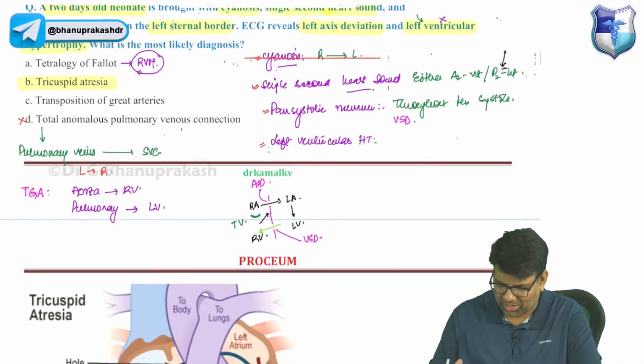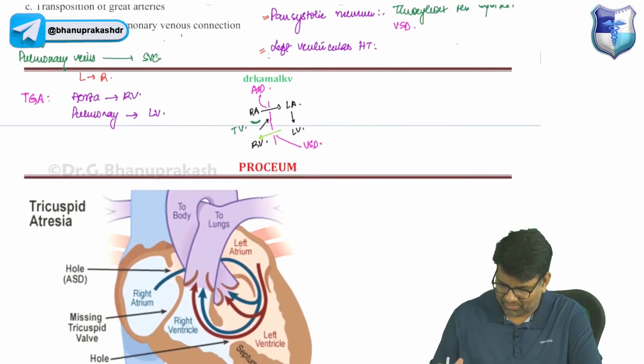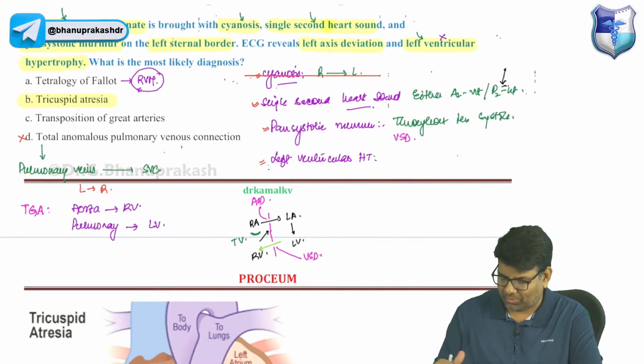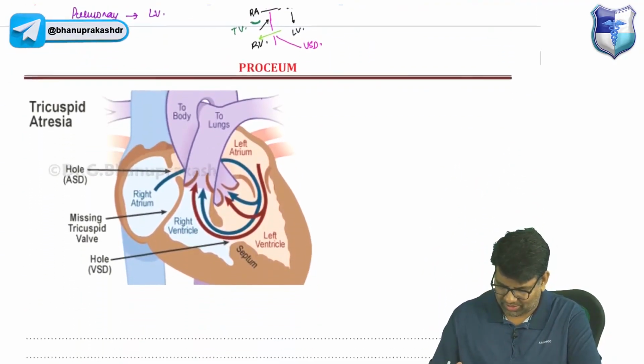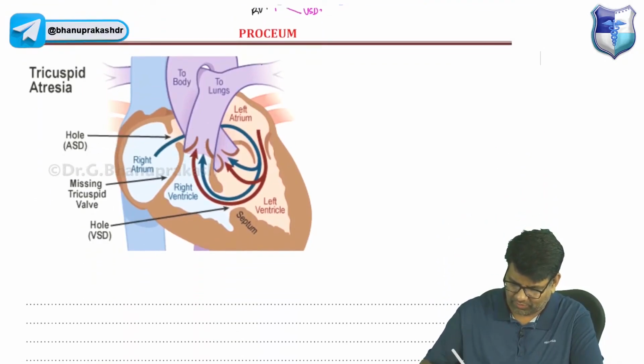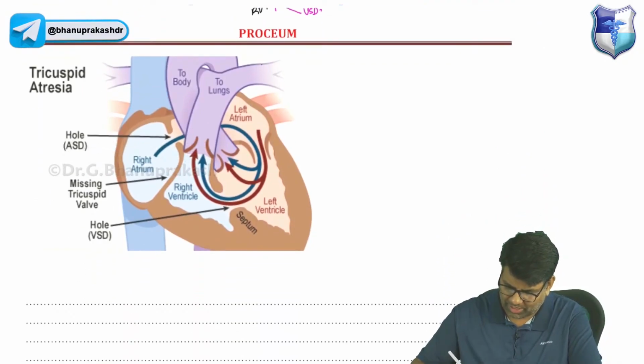Yes, this is a little tricky question, and you have to just join up the things in a proper way, then only you will reach the answer. So this is the way we find a case of tricuspid atresia. You can see that there is no tricuspid valve as such.